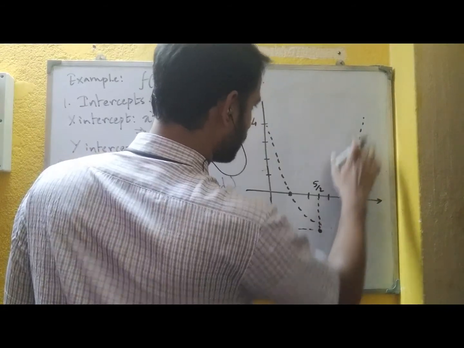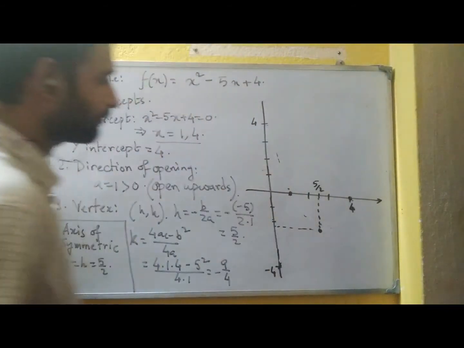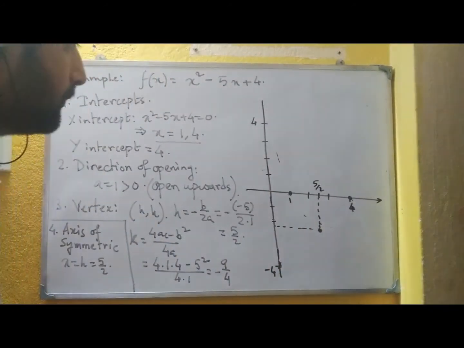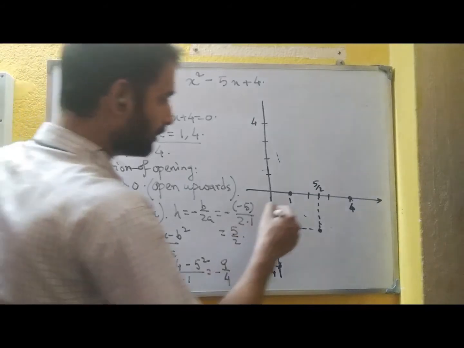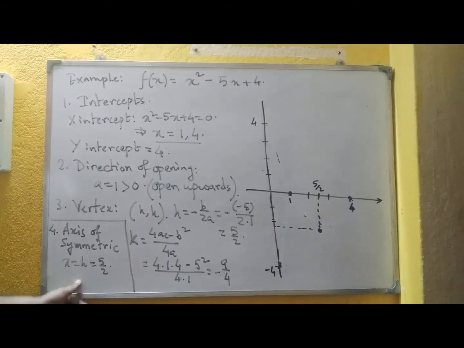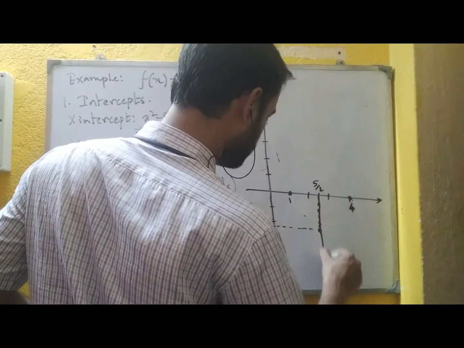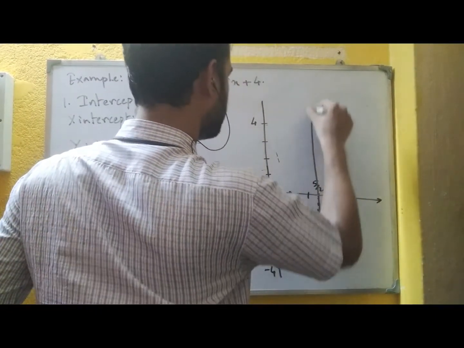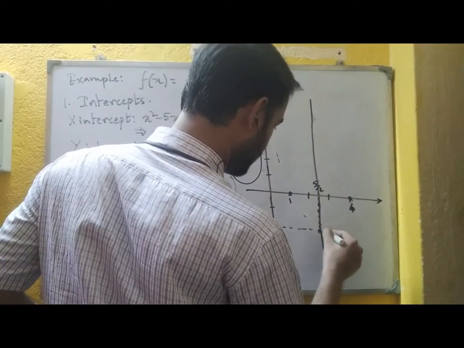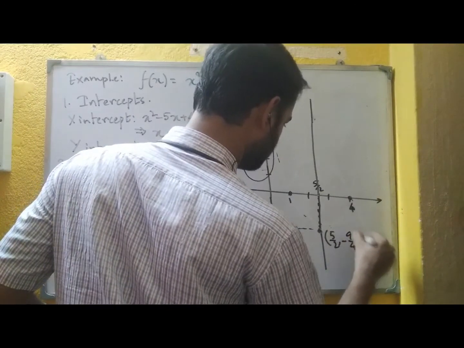So accordingly we will draw the graph. Another thing we can draw here is the line x equals 5/2, and that will be passing straight through the vertex and parallel to the y-axis. So this is our vertex, 5/2 comma minus 9/4.